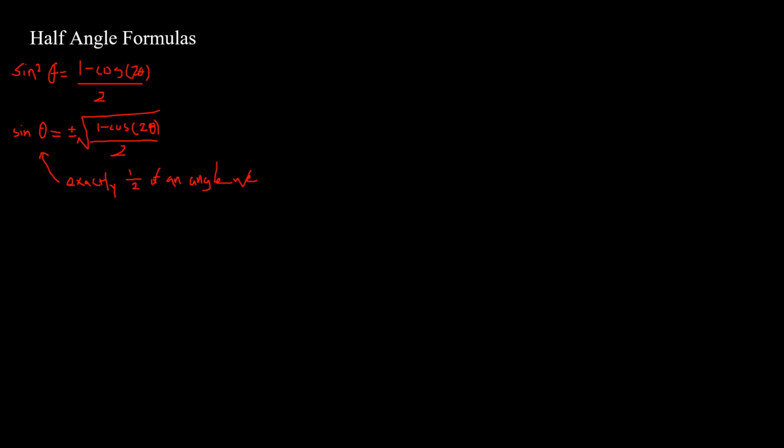To visualize this, if we draw this in an xy plane, let's say we have an angle alpha that we know. This is angle alpha. And we're just going to say that coincidentally, theta is exactly half of alpha. So could we find what theta is given alpha?